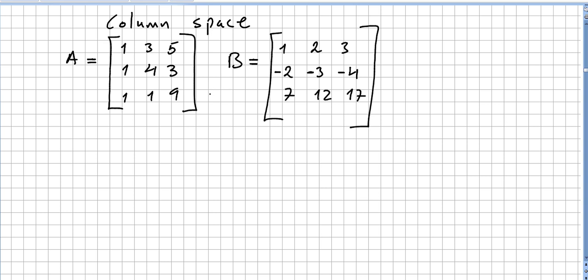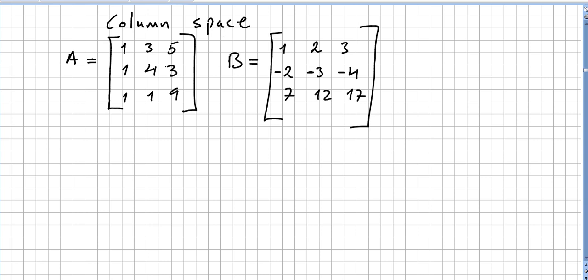So I made a previous video on row space, and we saw that matrices have the same row space if and only if their row canonical forms have the same non-zero rows. Now for the column space, there is a small trick here.